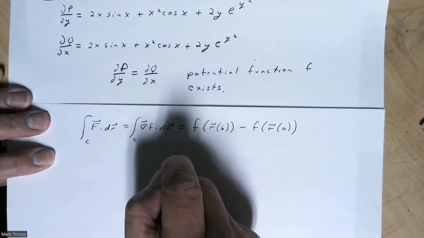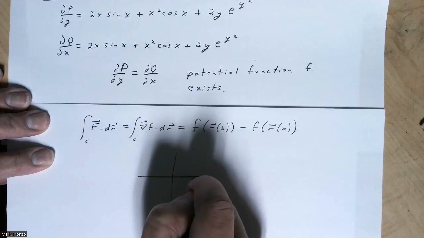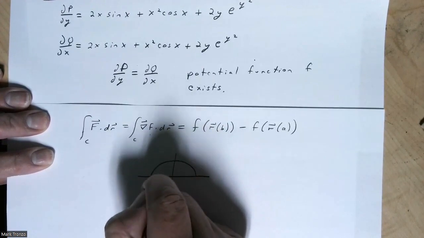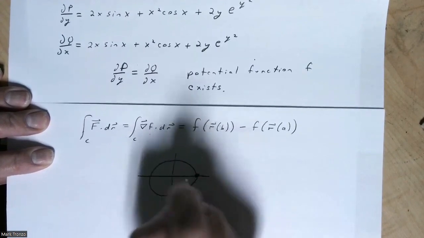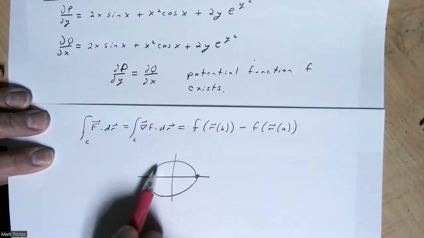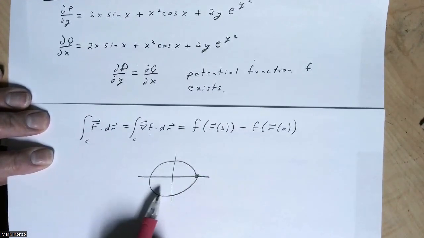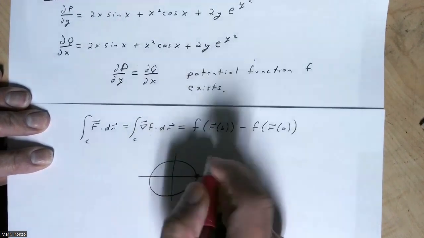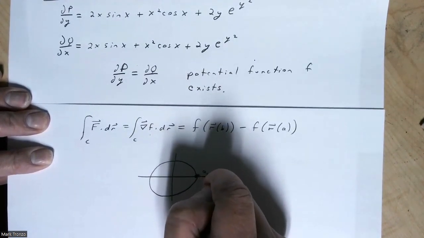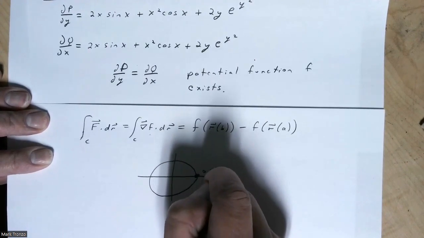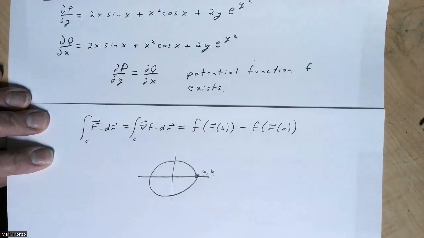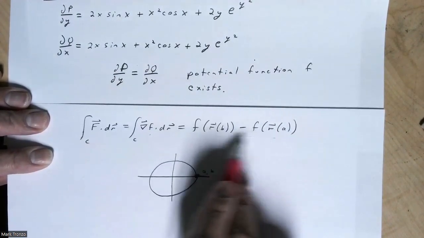But now notice we have a circle. And so we're going to traverse this circle. So we're going to start and end at the same point. So that means this is going to be our endpoint B, but that's also our starting point A. So these two are going to be equal.